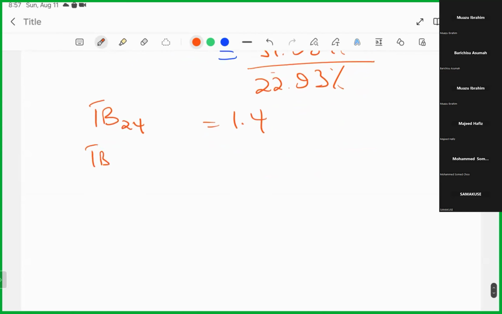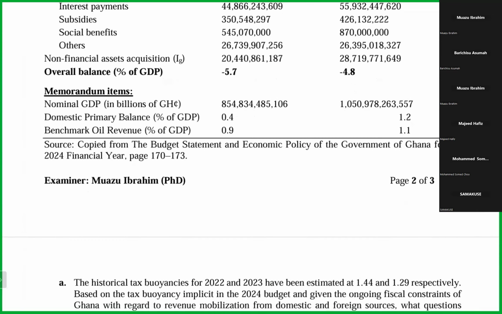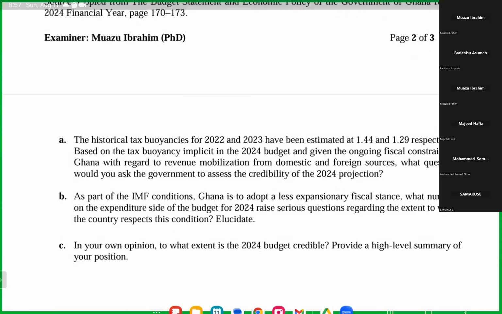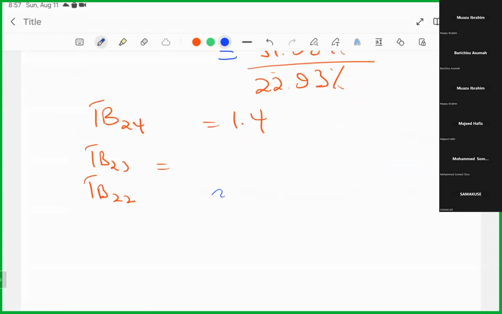So we have the tax buoyancy for 2023 and the tax buoyancy for 2022. Remember from the question, the historical tax buoyancy for 2022 and 2023 have been estimated at 1.44 and 1.29.